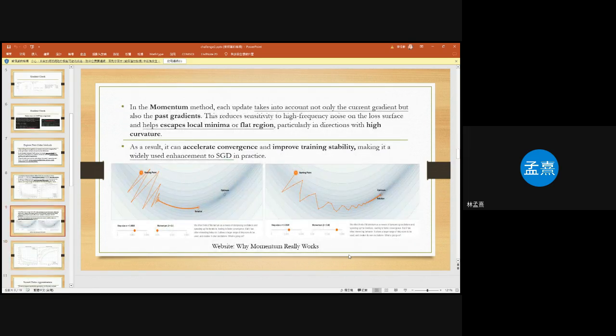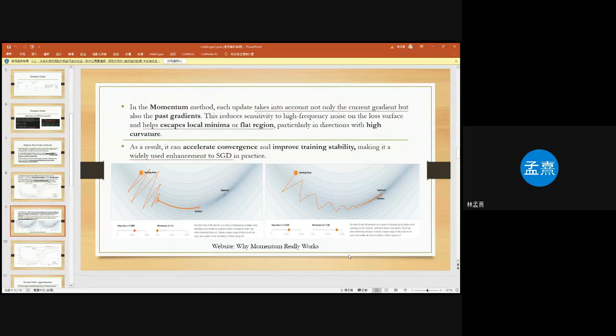So in the momentum method, the update takes into account not only the current gradient, but also the past gradient. This reduces sensitivity to high frequency noise on the loss surface. This also helps escape local minima or flat regions, particularly in directions with high curvature. Down here, these two plots show why momentum really works.